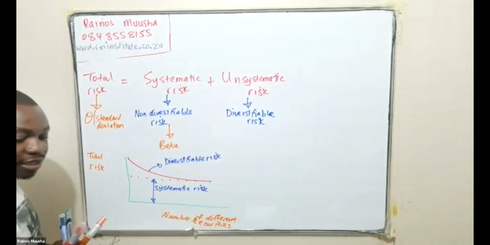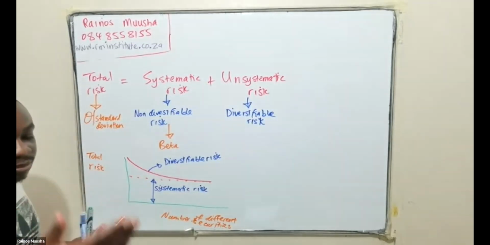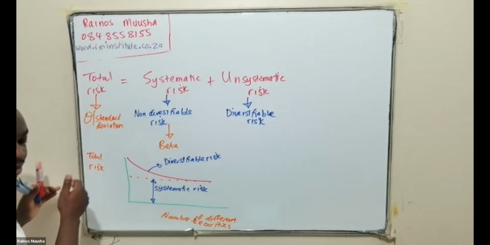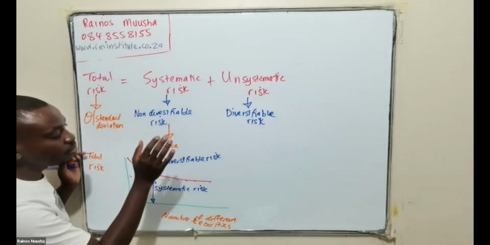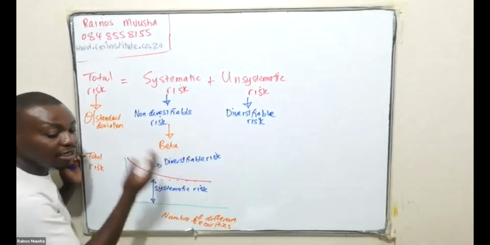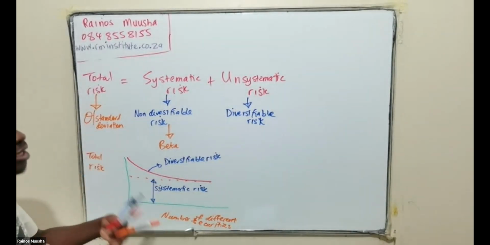That's why you see that later on, when we look at concepts such as the capital asset pricing model, with the capital asset pricing model, we assume that to determine your expected return, the only risk we're going to be assuming is the beta, or take into account is the beta, mainly because we're assuming that the portfolio is fully diversified.